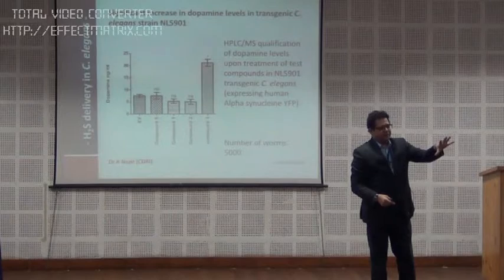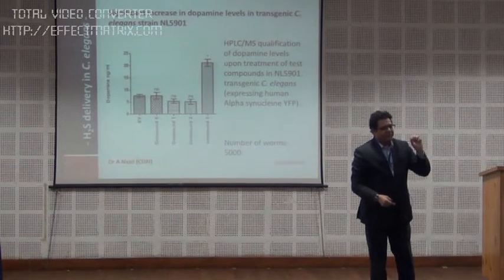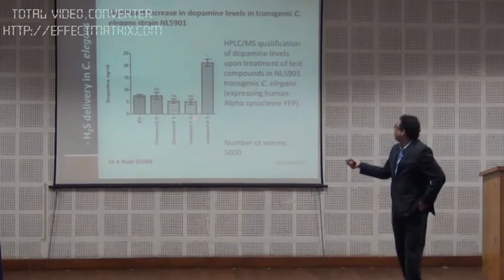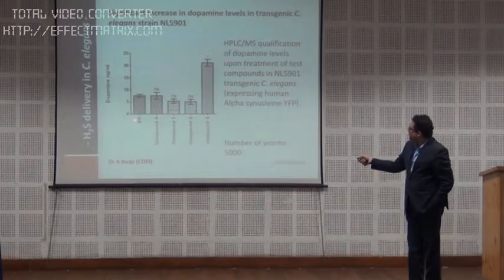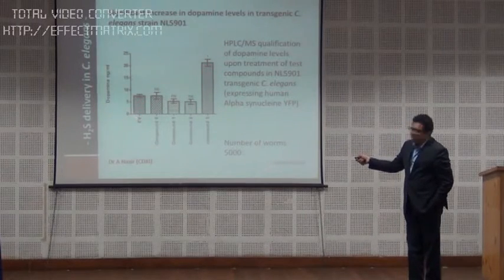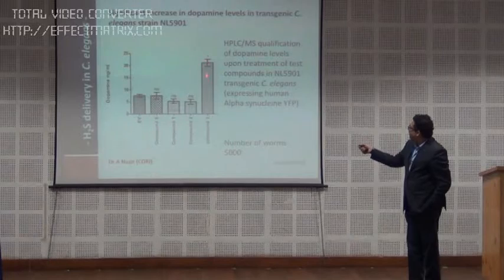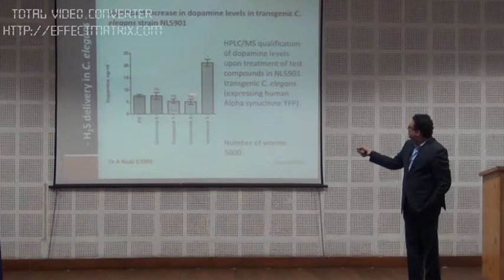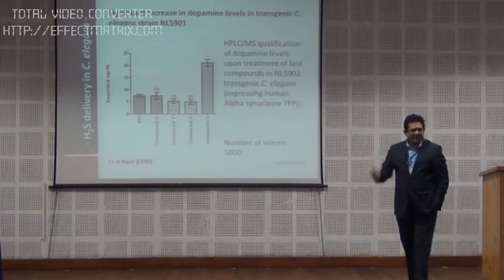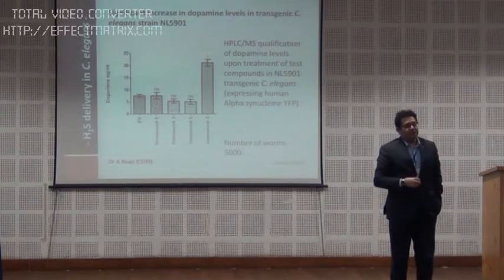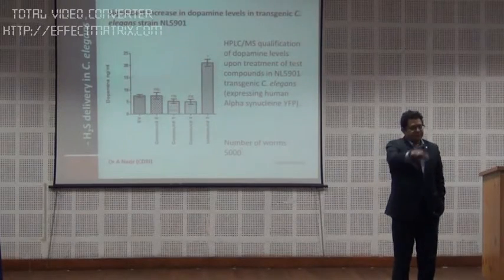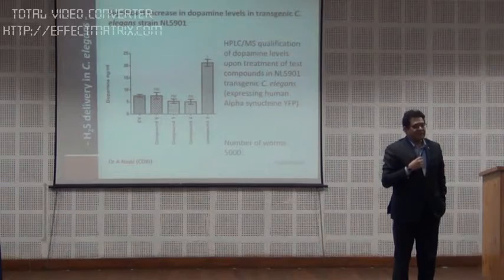So you can look at the fluorescence and quantify, and we are also looking at dopamine concentrations. Here is your empty vehicle, EV, and vehicle with H2S. With H2S, we are able to resuscitate quite a decent amount of dopamine production inside this transgenic C. elegans.